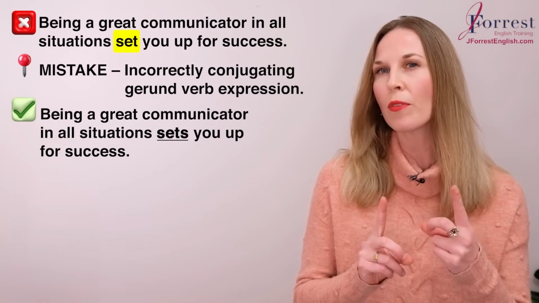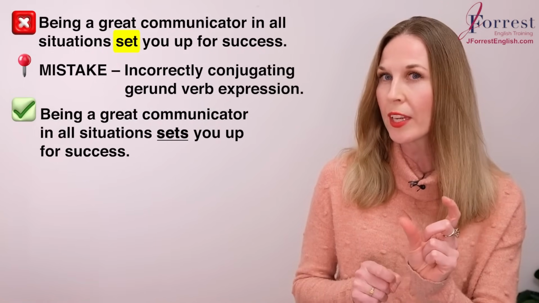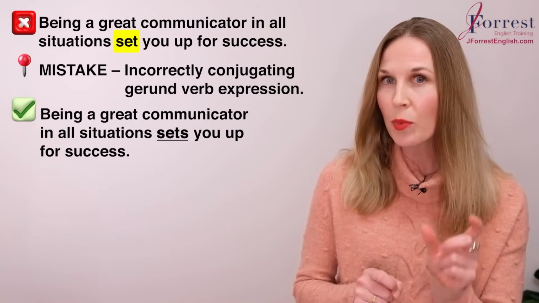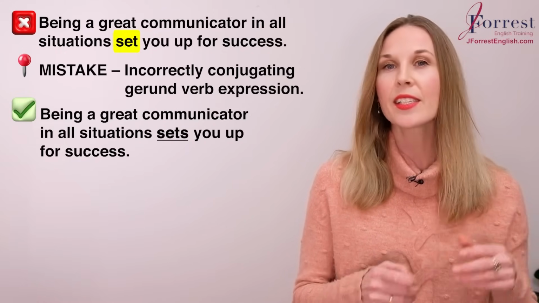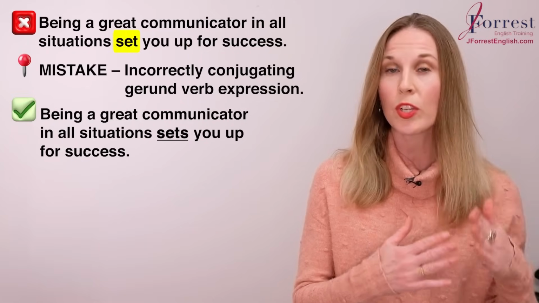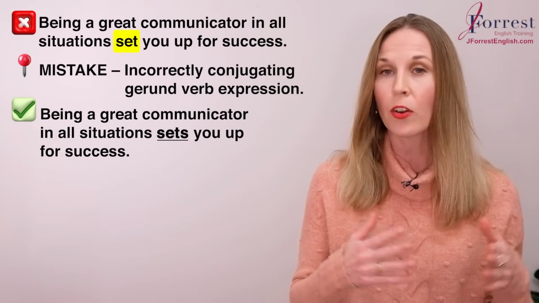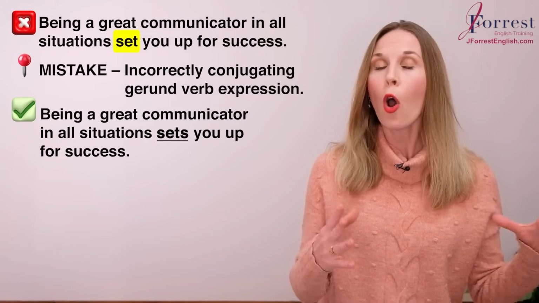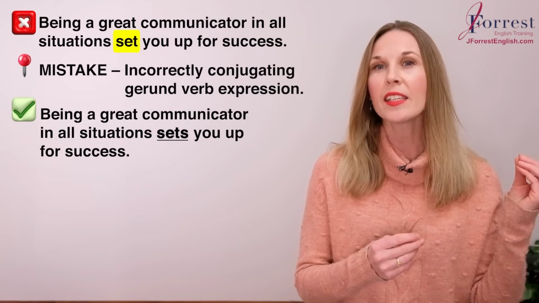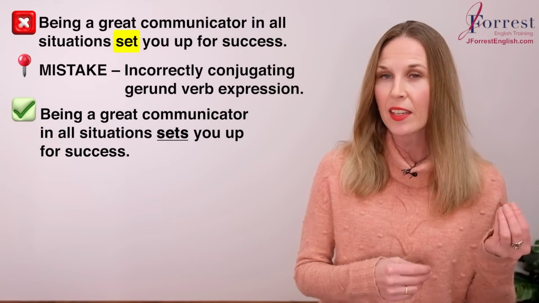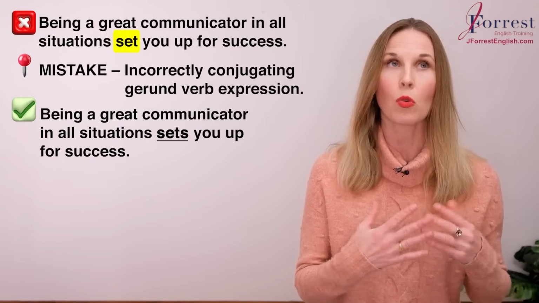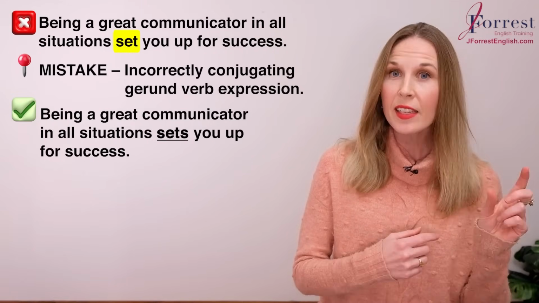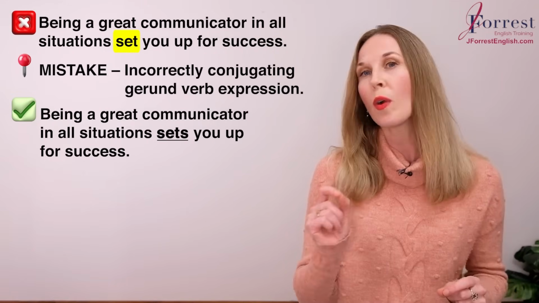Now, students will often look at that in all situations and they think that's what you need to conjugate the verb with, but it's not. It's the gerund expression, which is being a great communicator in all situations. And all of this is the subject, it. If you had to choose a subject for it, it would be the subject, it, or this. This sets you up for success.